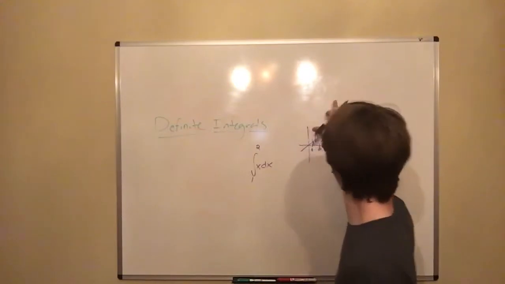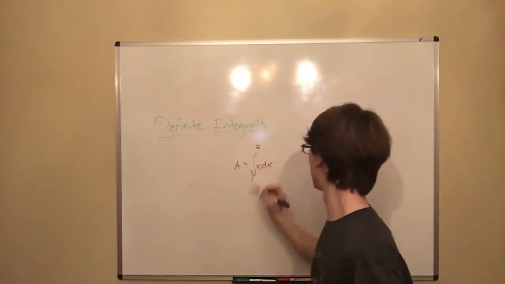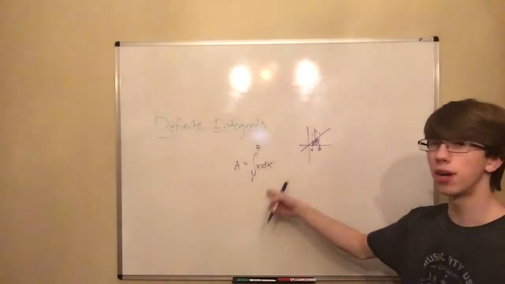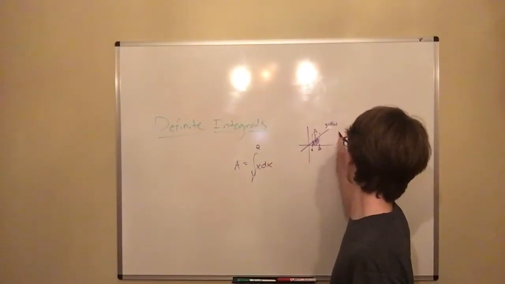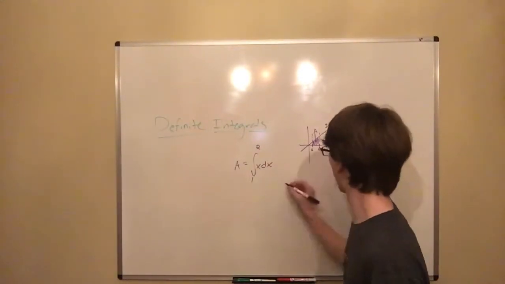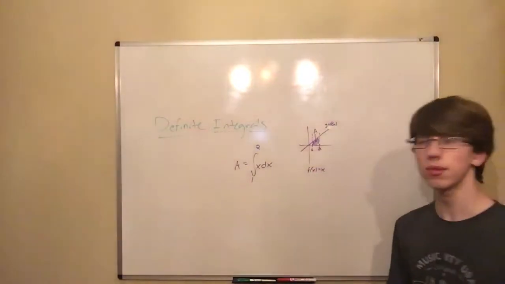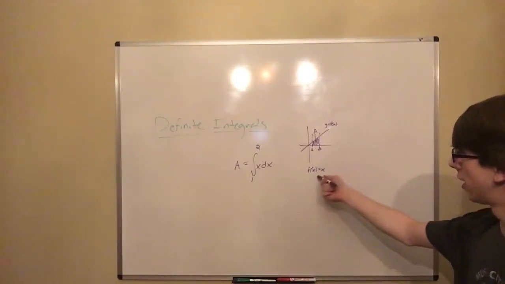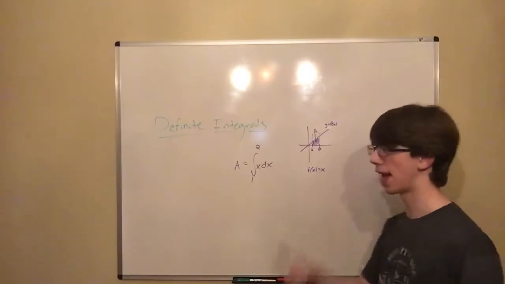So we'll call this area A. And so A is equal to the integral from 1 to 2 of x dx. y is equal to f of x, and we'll say f of x is equal to x. So our function f in terms of x is x.